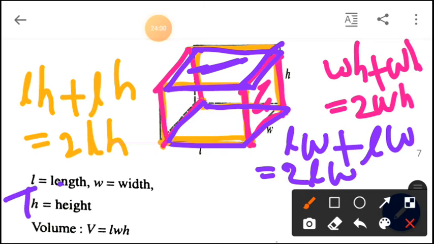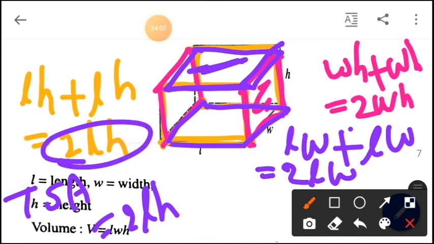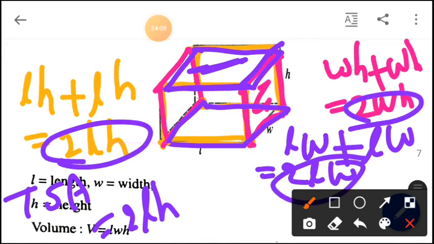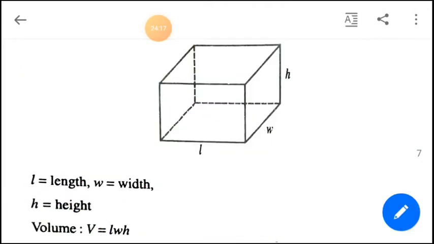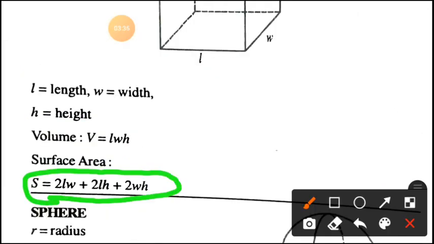So the total surface area is the sum of all these three results: 2LH plus 2WH plus 2LW. This is the total surface area of this cuboid.